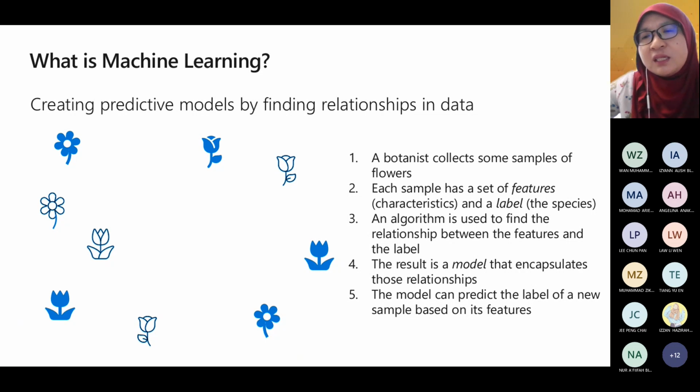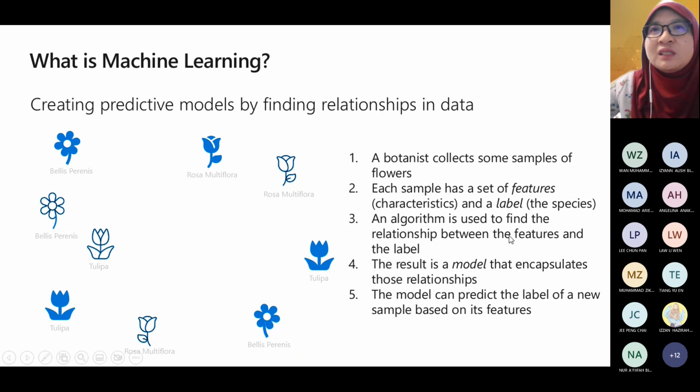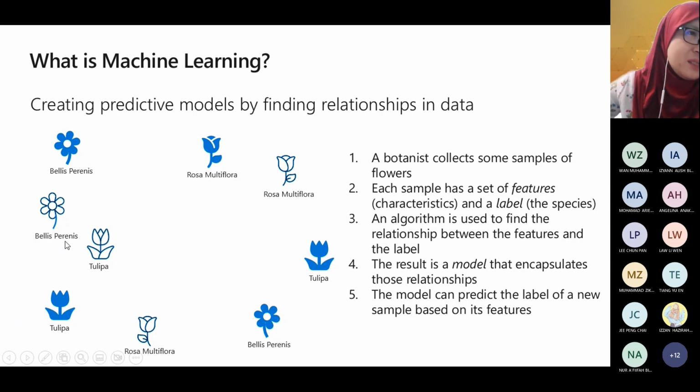Okay, and the botanist can provide a label for the flowers using its species, especially the Latin name, okay, like Bellis perennis, Tulipa, and Rosa. So how does it classify each of the flowers' names?